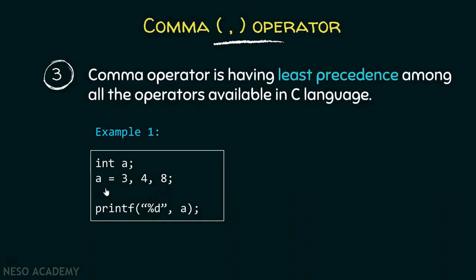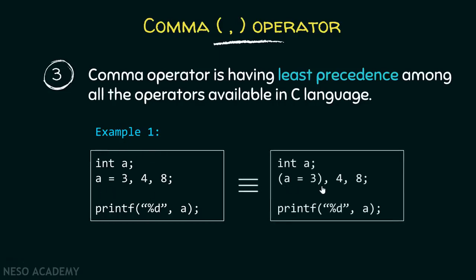But you are wrong. As comma operator has the least precedence, and we can see that there is one more operator called assignment operator. As assignment operator has higher precedence than comma operator, therefore it will be evaluated first. This particular statement is equivalent to this statement over here. Here I have mentioned brackets just to make this point clear that assignment operator has greater precedence than comma operator.